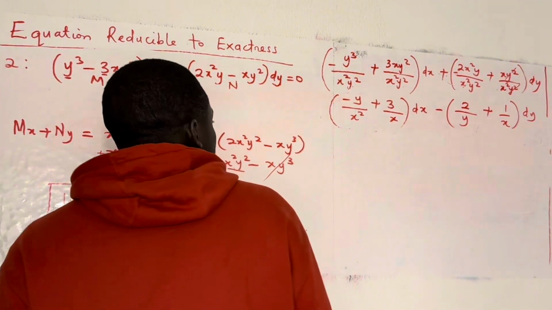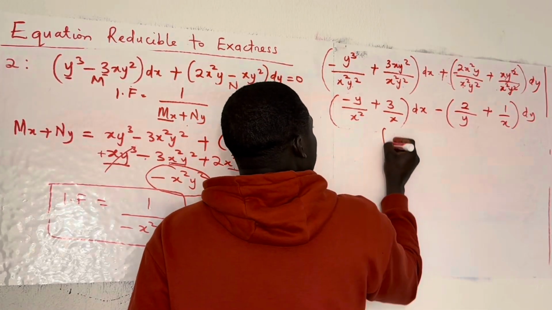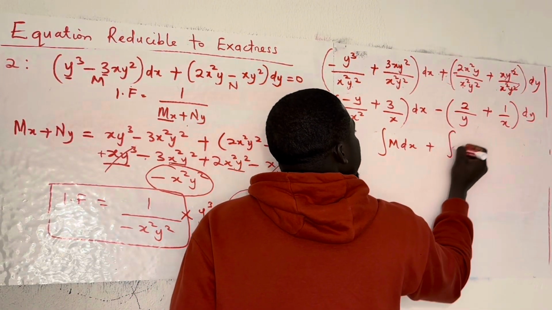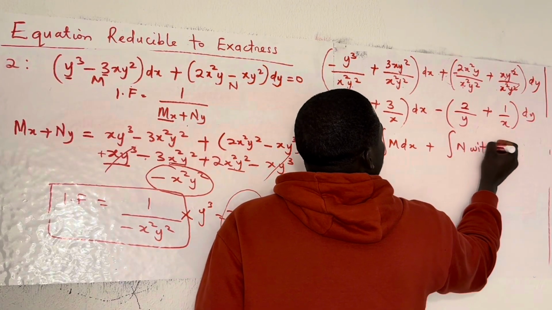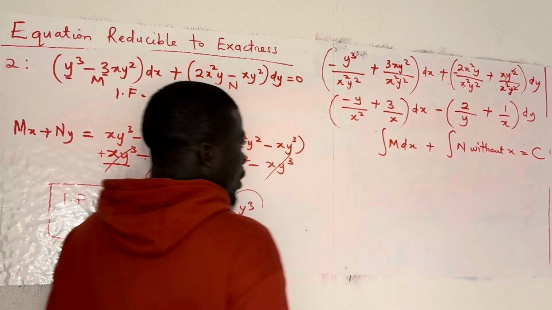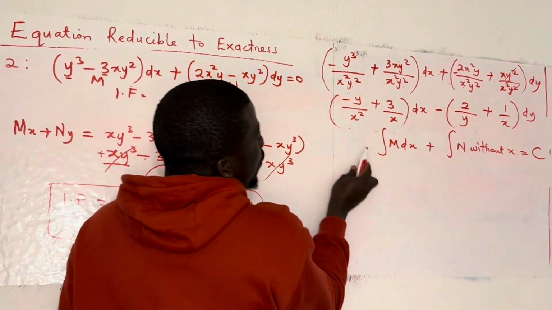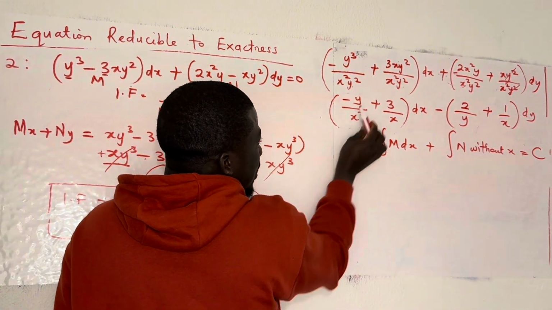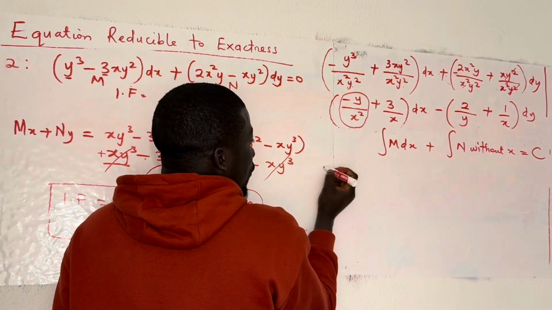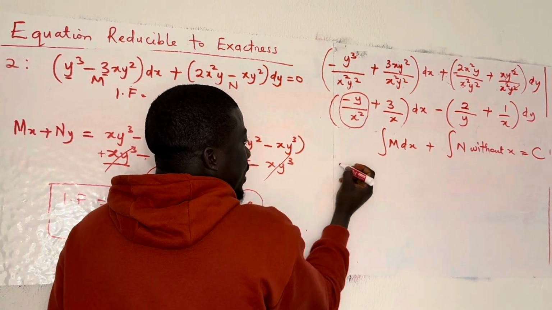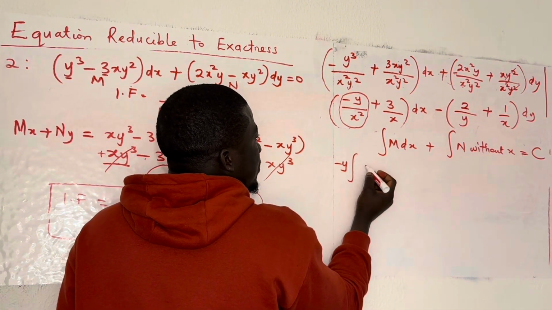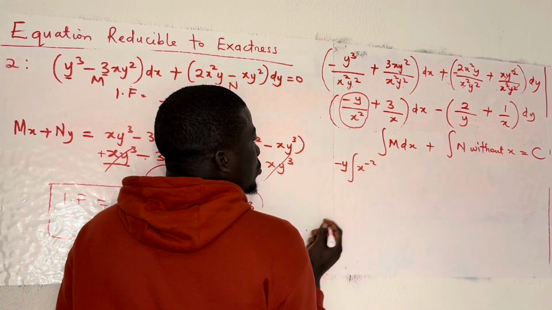So for our final answer, we have the integral of M dx plus the integral of N without x, all equals a constant c. Now, if we integrate this first one with respect to x, what are we going to have? It implies that our minus y is constant. Then integrate this, x raised to power minus 2.